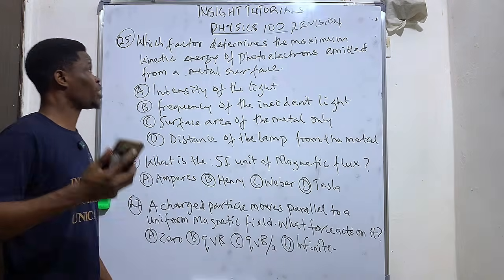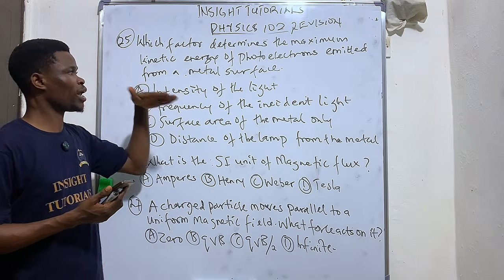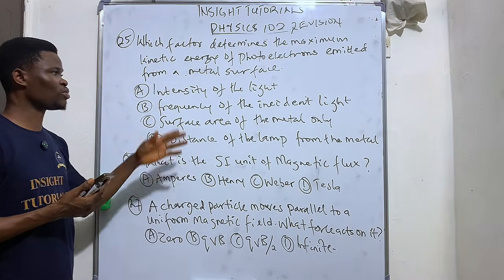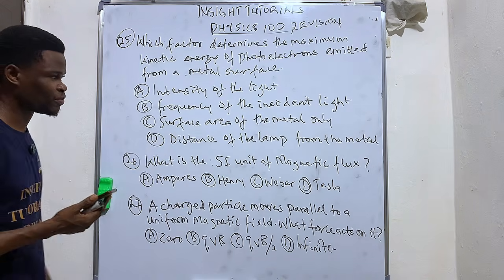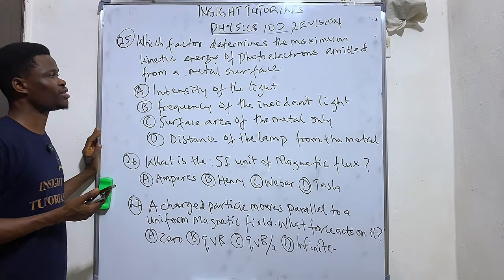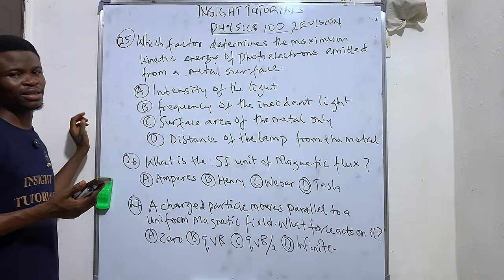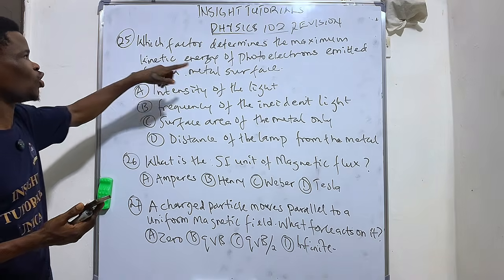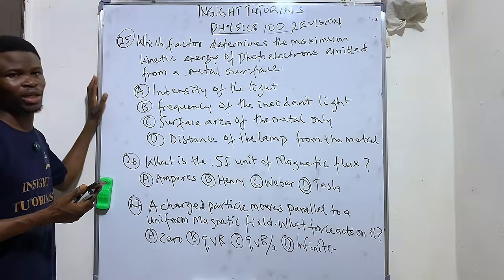Next. We have a question here: which factor determines the maximum kinetic energy of photoelectron emitted from a metal surface? A says intensity of the light, B says frequency of the incident light, C says surface area of the metal only, D says distance of the lamp from the metal. Now, the intensity of the light can increase the number of photons, but it does not directly determine the maximum kinetic energy of the photoelectron.